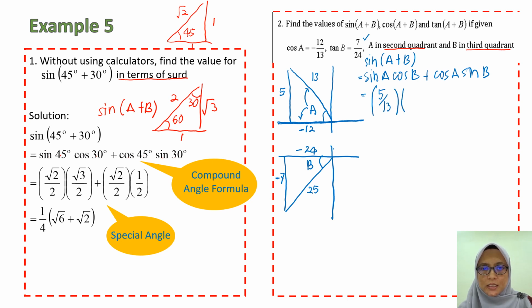Cos B is negative 24 over 25, plus cos A is adjacent over hypotenuse, negative 12 over 13.